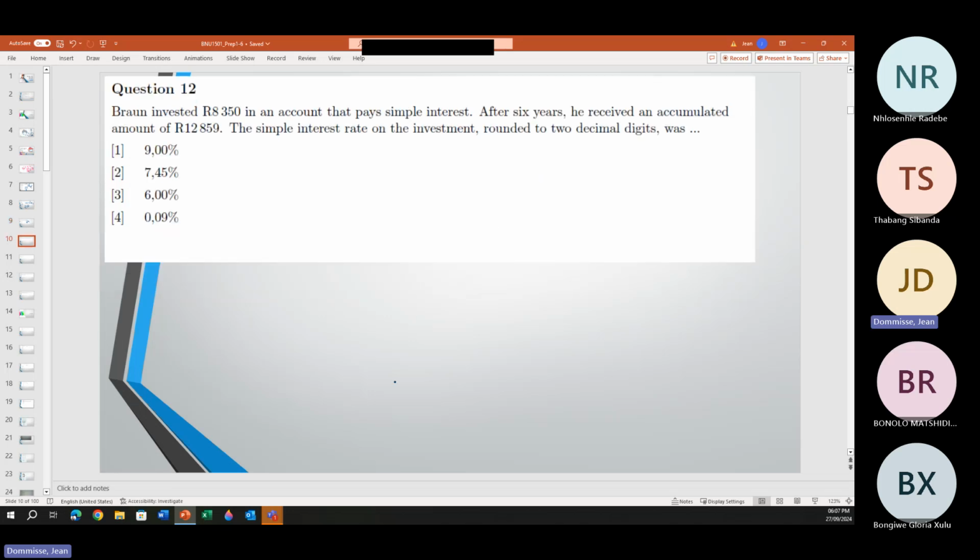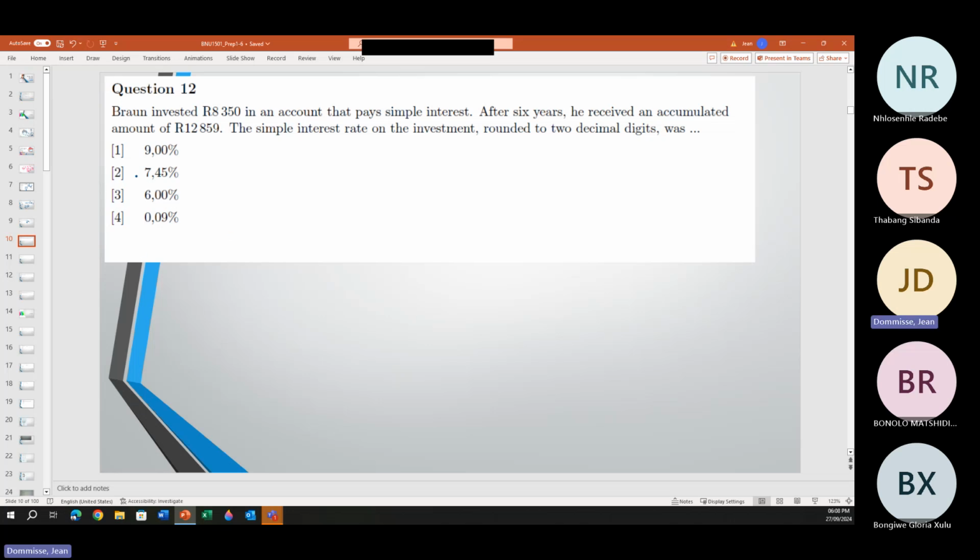Now we're going into a bit of financial maths, and I know the financial maths one is normally a bit more difficult. So let's see how we can do this.